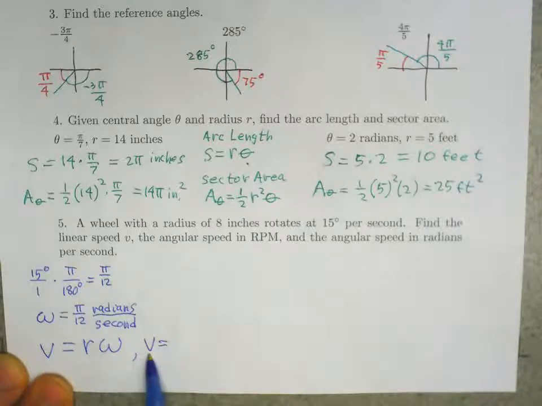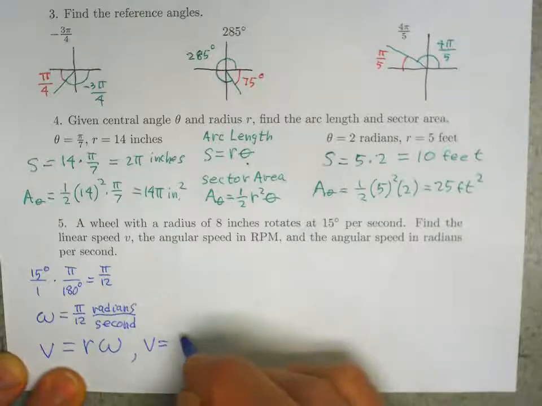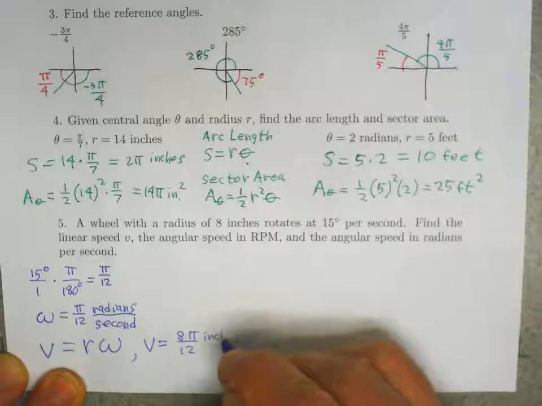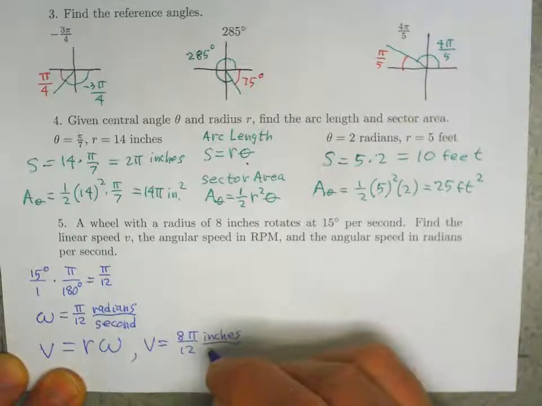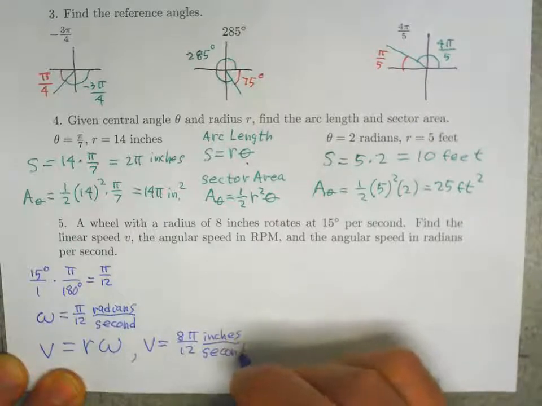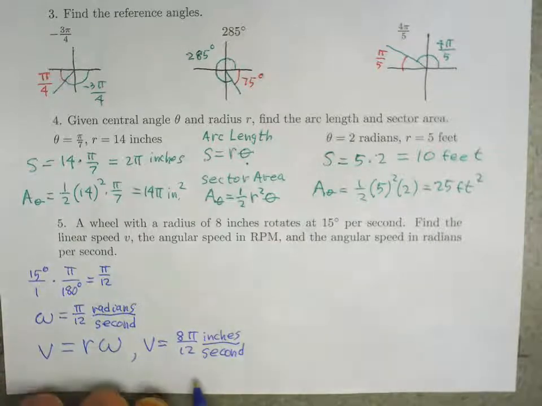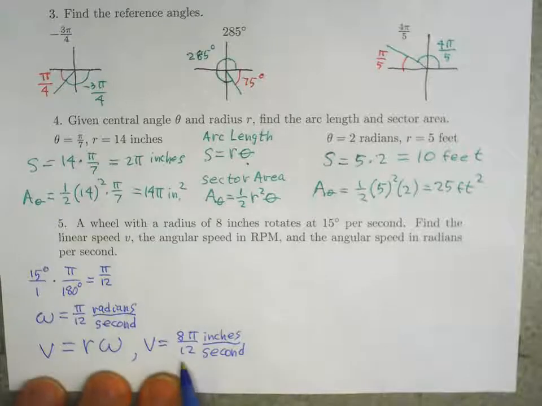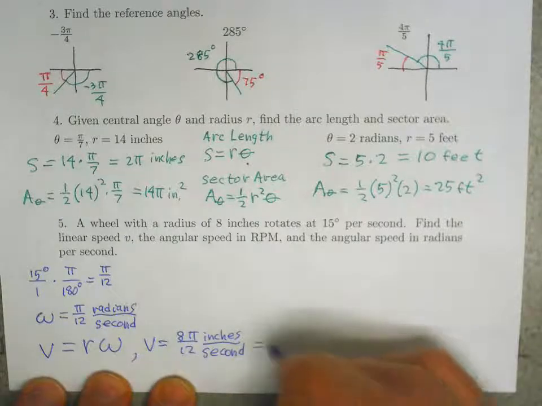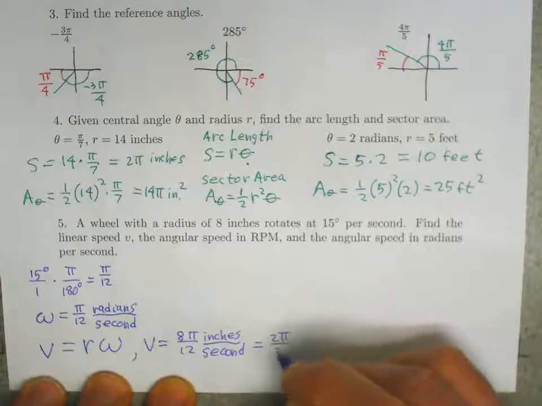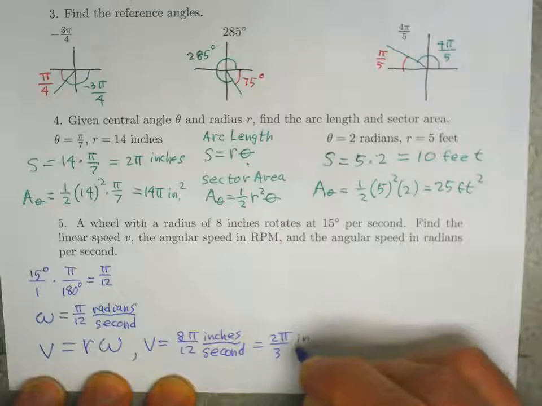So the linear speed is 8 times pi over 12 inches per second. If you want to reduce the fraction, you can. This is a perfectly fine test answer, but if you want to write it as 2 pi over 3 inches per second, you can do that.